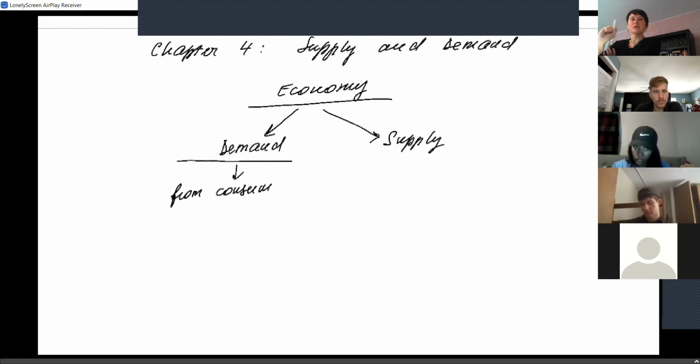The only reason you see different goods available for sale on the shelves of different stores, different services available for sale, is because there is someone who wants to buy them. So the demand comes from consumers. And who are these consumers?